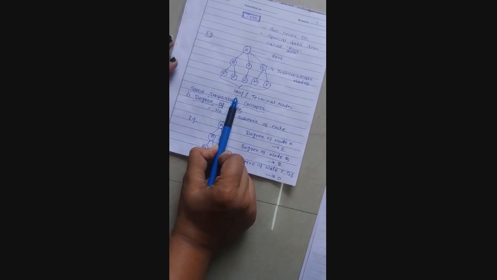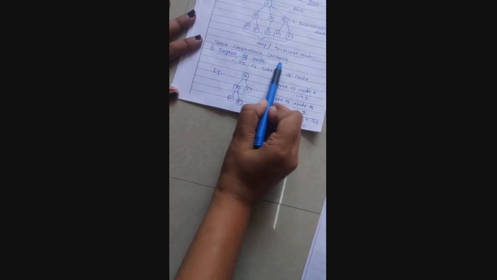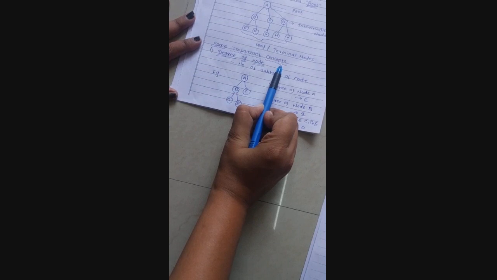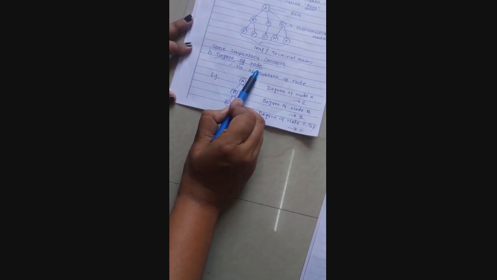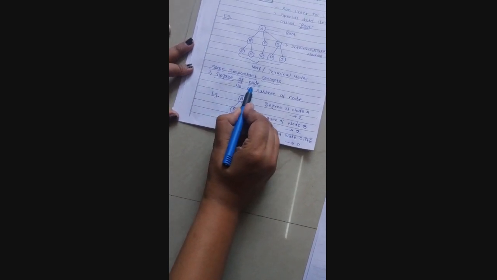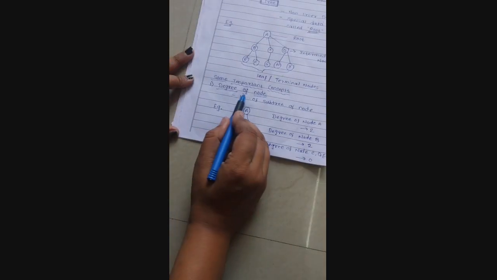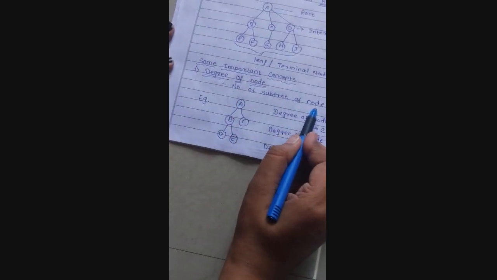Now we move forward to some important concepts regarding the tree. The first one is the degree of a node. Now we are familiar with the node. Now we are seeing how we can calculate the degree of a node. The degree of a node is nothing but the number of subtrees of a node.